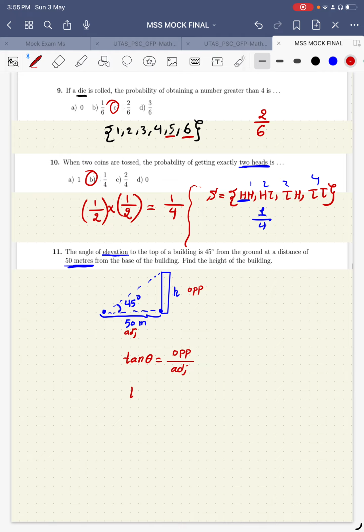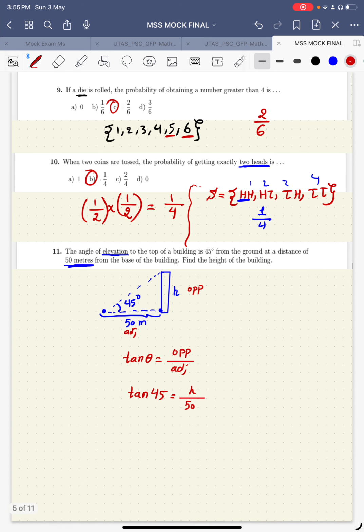My theta is given to be 45 degrees, opposite is h, which is what I would like to find, and adjacent is 50. So I'm going to cross multiply, where h equals 50 times tan of 45. If I use the calculator, I'm going to get h equal 50 meters.